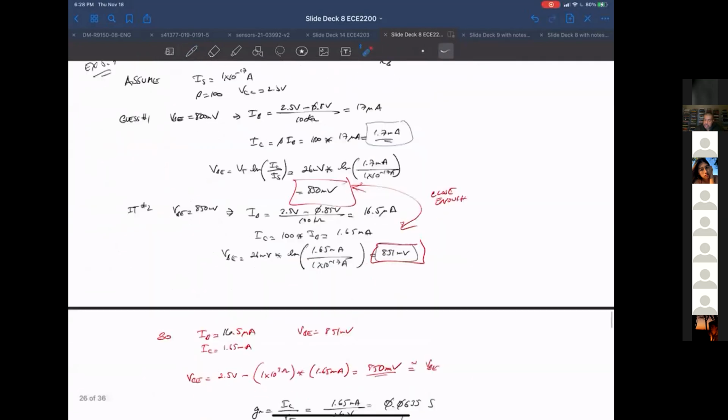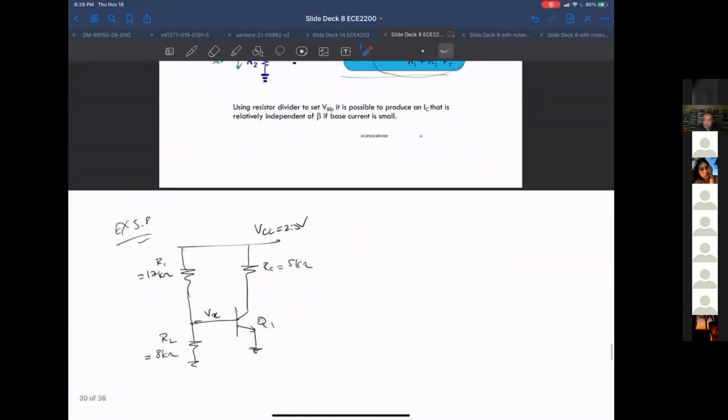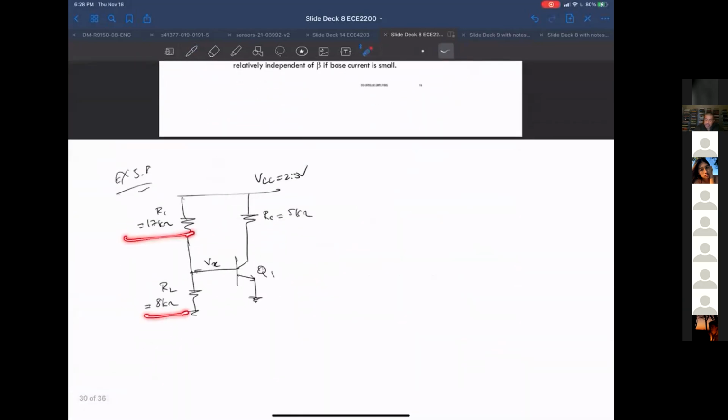In this case, notice my resistor values are about a factor of 10 smaller. The reason for that is I want this current to be reasonably large, much larger than I sub B. So I've already reduced my resistor values significantly from that first biasing circuit.